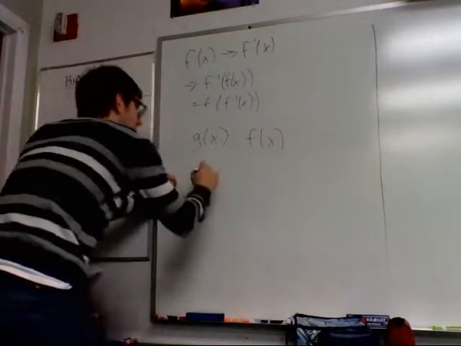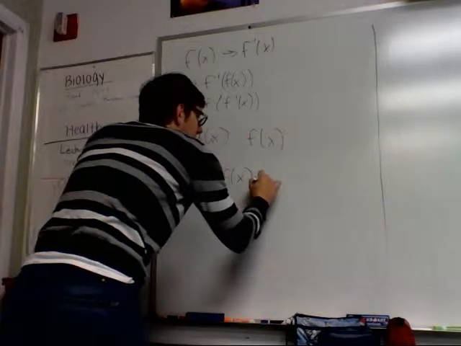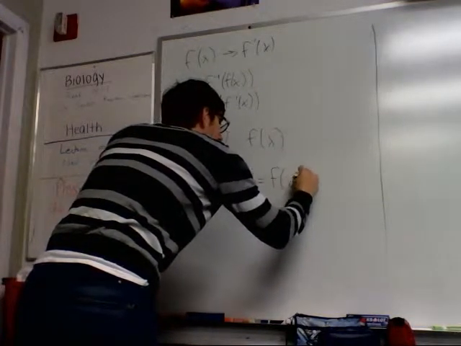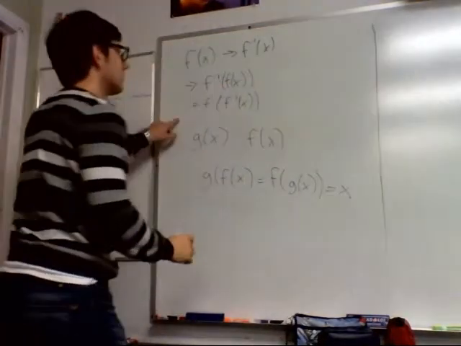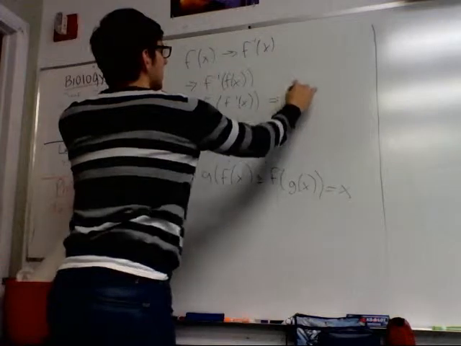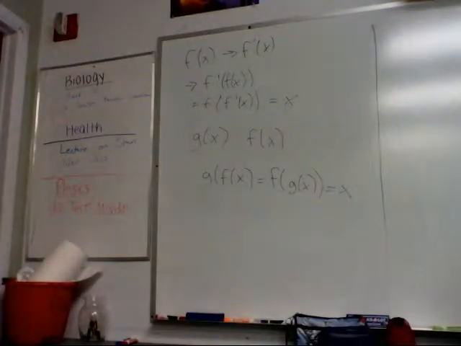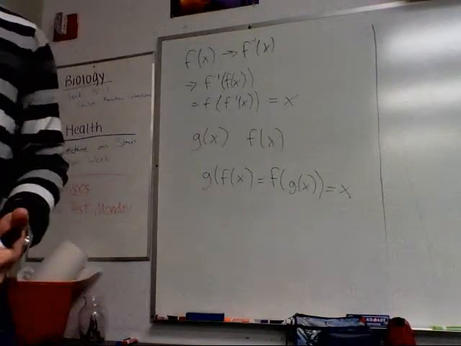If the same principle applies, g of f of x is equivalent to f of g of x, and that is all equal to x. Similarly, we can say that here it's equal to x. Okay. Now that's in our section for 5.3. If you're following along in the book, that is the definition of an inverse function.